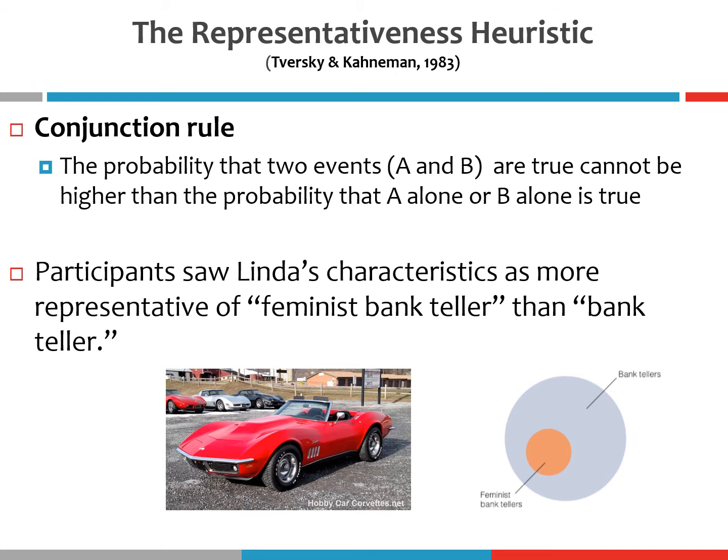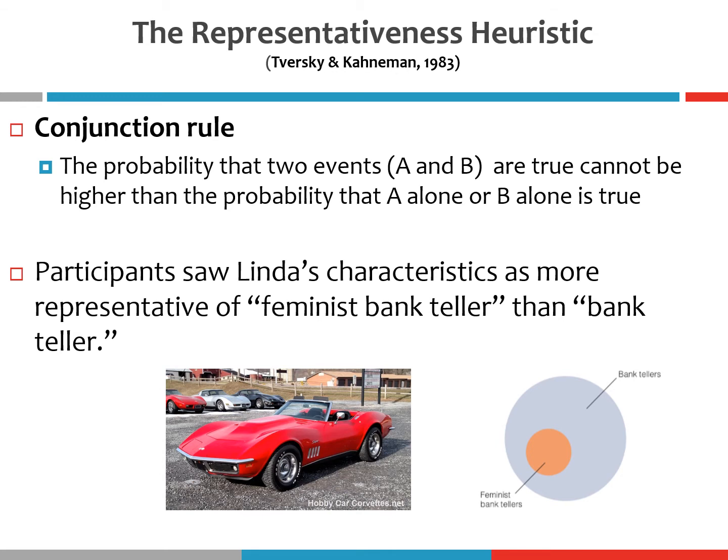So the probability of A and B occurring together can't be higher than the probability of A occurring alone or B occurring alone, right? So, for example, the probability that Anne has a red Corvette cannot be higher than the probability that she has a Corvette.